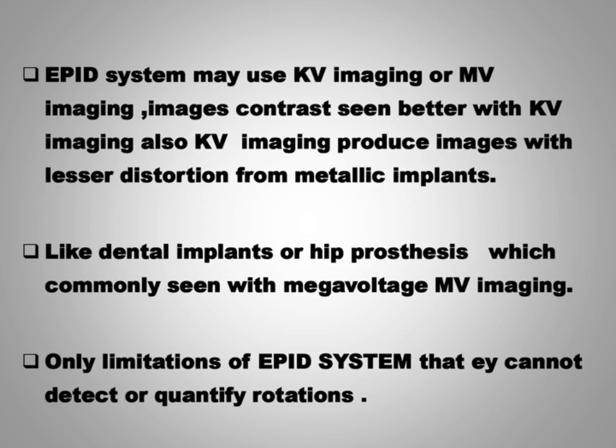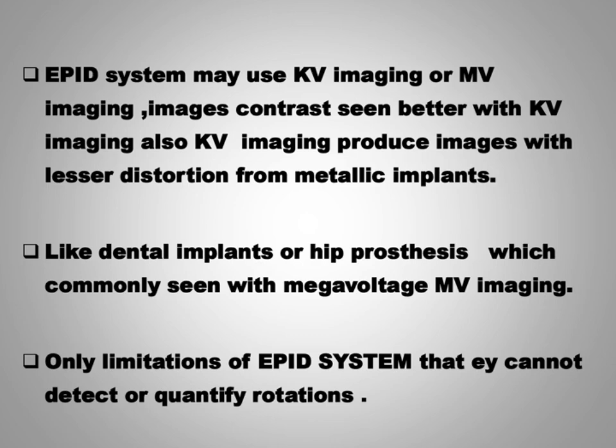The bony landmarks on the planar image are used as surrogates for positional verification in reference to the digitally reconstructed radiograph, which has already been done. That is the beauty of EPID. And the DRR we usually get with the help of the CT planning data set.